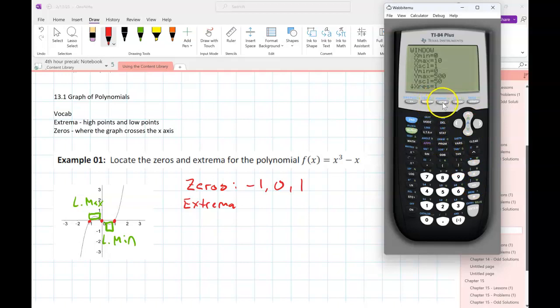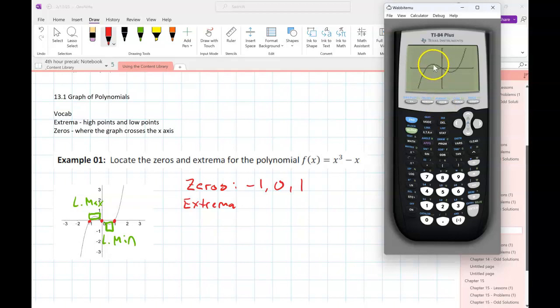I have a weird thing in there, so I'm just going to zoom standard it. Okay, it's not a very helpful picture. Maybe we'll just go -2 to 2 and go -2 to 2. There we go. That looks pretty similar to what we had before.